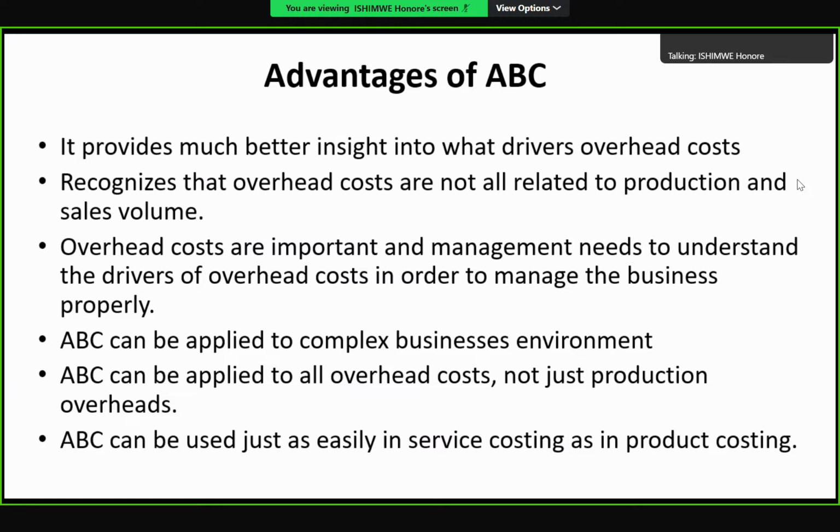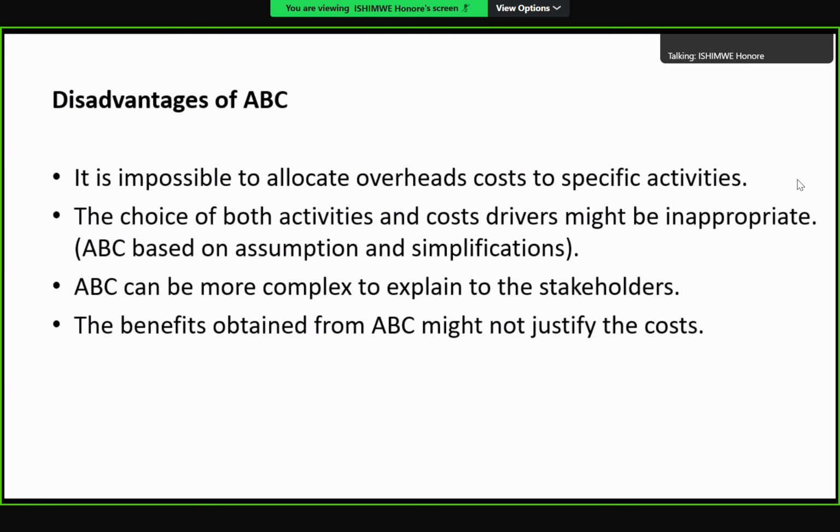Now, what are the disadvantages of activity-based costing? Number one, it is sometimes impossible to allocate overhead costs to specific activities. For some overheads it is not possible to allocate the cost to different activities. It is very hard to do that.